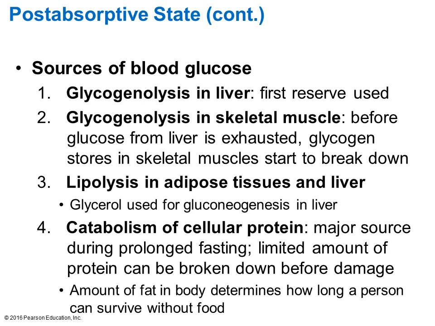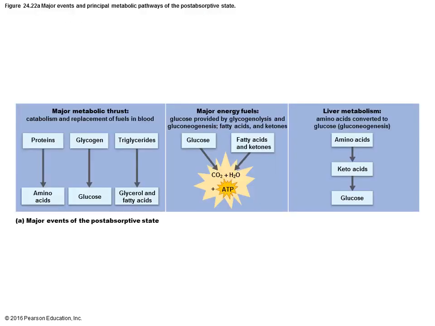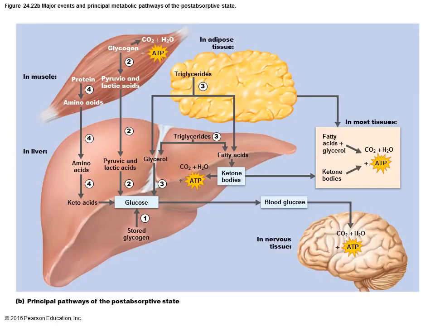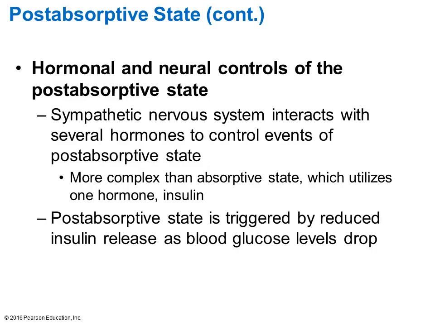So where is the blood glucose coming from? The first reserve is going to be glycogenolysis in the liver, and then in the skeletal muscle, finally lipolysis in adipose tissue and livers, and then catabolic processes of cellular proteins. So once again, showing how it's going to be used and the interrelationships involved.